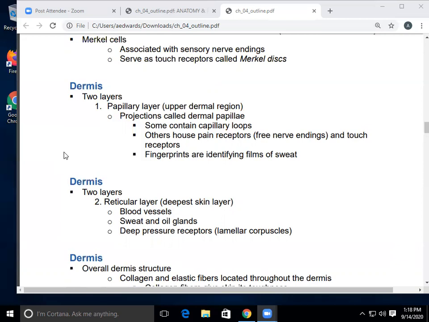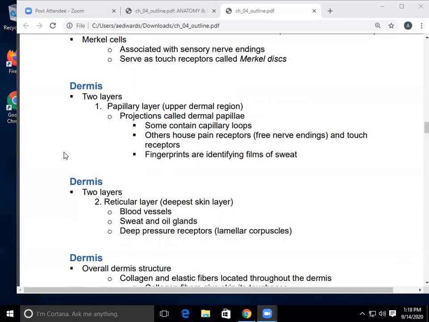Thank you for asking the question. I'm sure a lot of other people were wondering the same thing. At the deeper layer, you have a reticular layer, which is connected to the fatty tissue in the hypodermis.